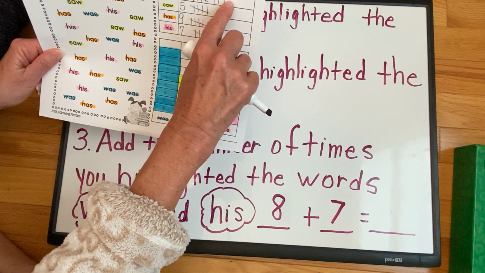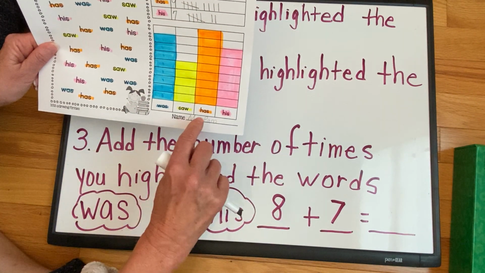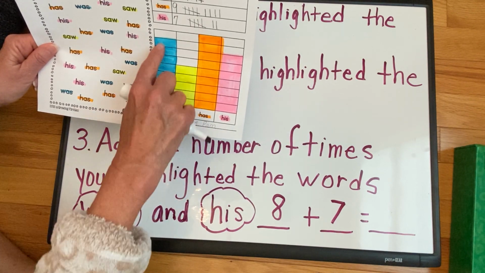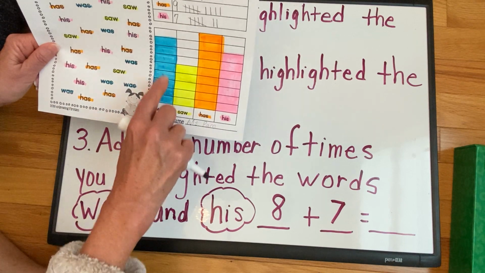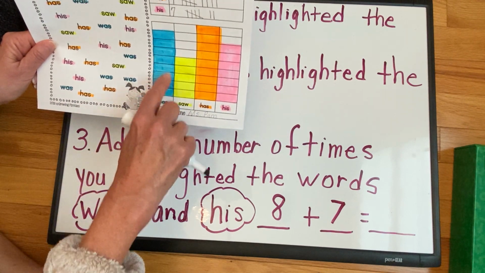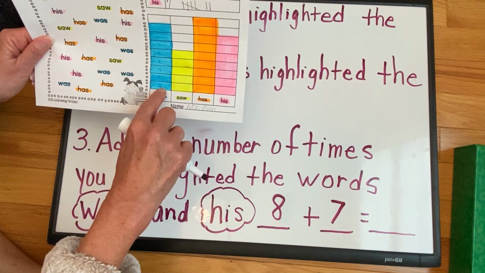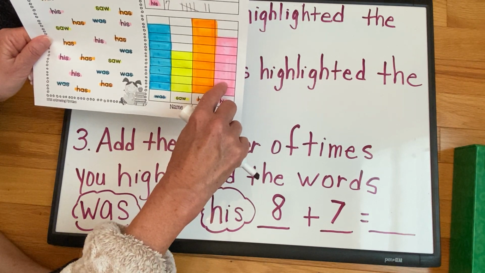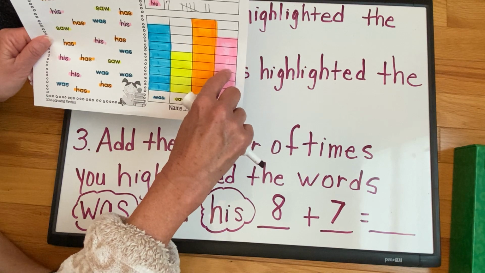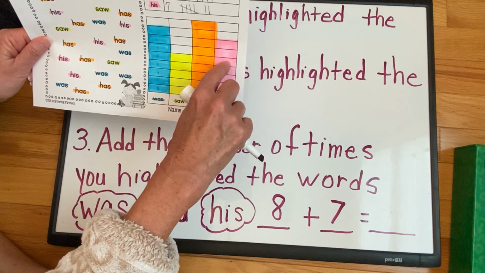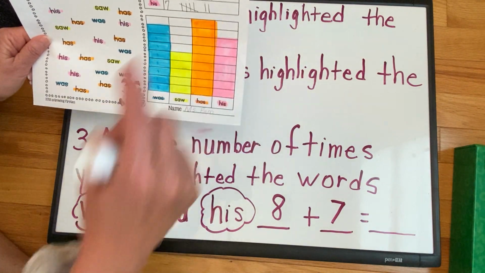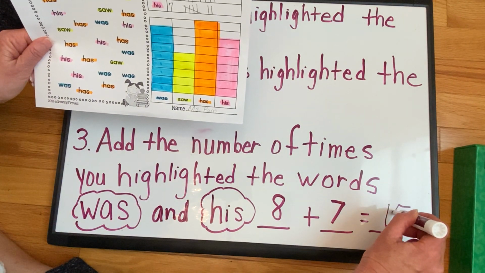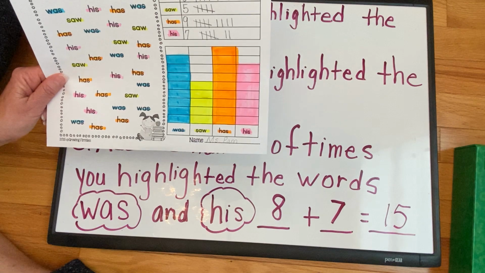So we have 8 in our brain, okay? We have 8 in our brain, and now we're going to add 7 more. So we can say 8, 9, because you're counting on, 10, 11, 12, 13, 14, 15. So we know that 8 plus 7 equals 15.